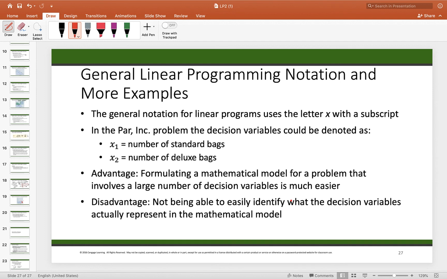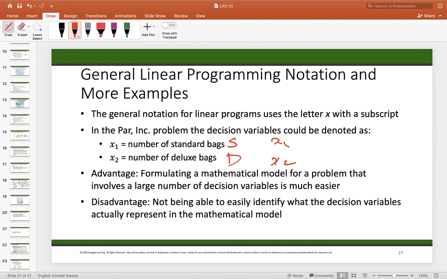The note I want to make here is that the way you notate the decision variables, you can use whatever you want. We used S and D for the number of standard bags and the number of deluxe bags. But some people prefer to just use X1 and X2 because it's quicker and easier, and you don't have to sit around figuring out a notation for each thing, like, what should I put for the standard bags?